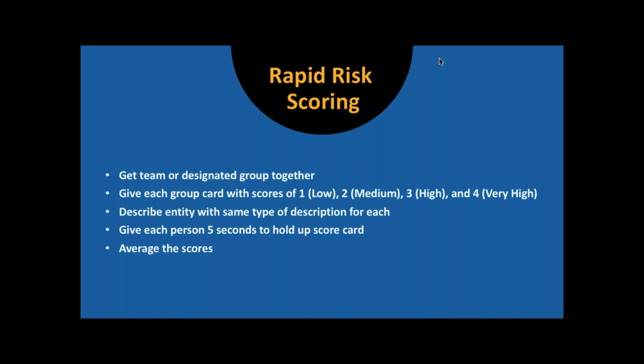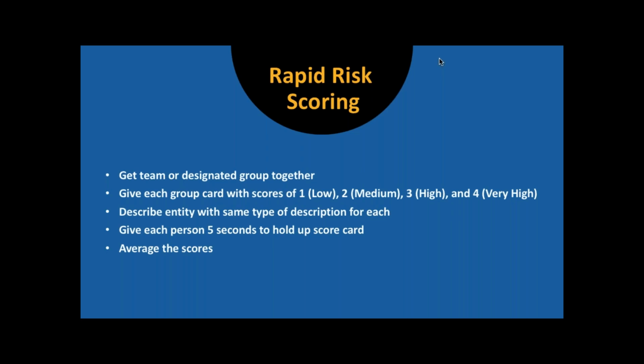So in this type of what I refer to as rapid risk scoring, the idea is that you're going to get a team or a designated group together. One thing you want to make sure of is that you have this team, this designated group that you've created. They should have a reasonable amount of subject matter expertise.